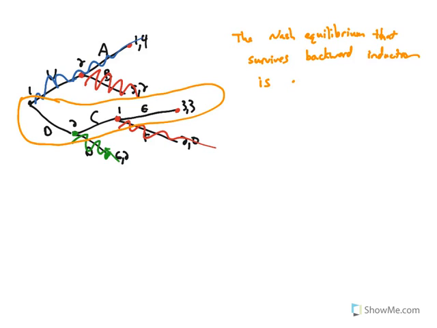So we're going to say the strategy for player 1 at the first information set, player 1 is going to play D, and at her second information set, she's going to play E. And at player 2's first information set, she's going to play A, and at the second one, she's going to play C. So this is the unique Nash equilibrium that survives backward induction.